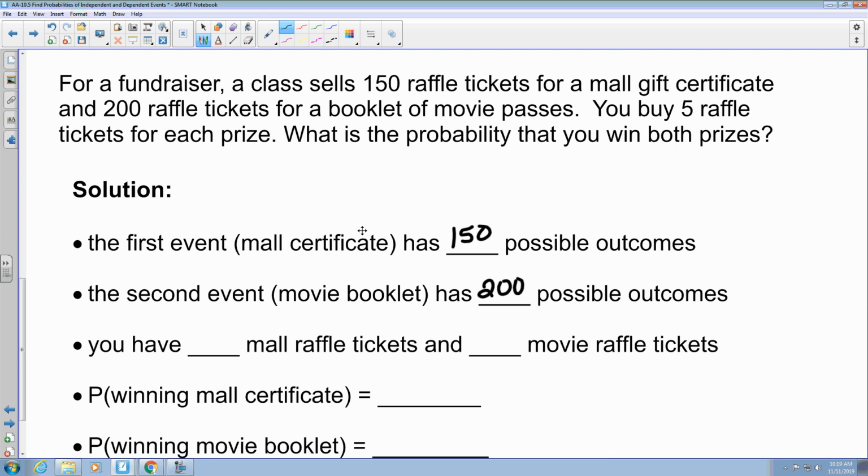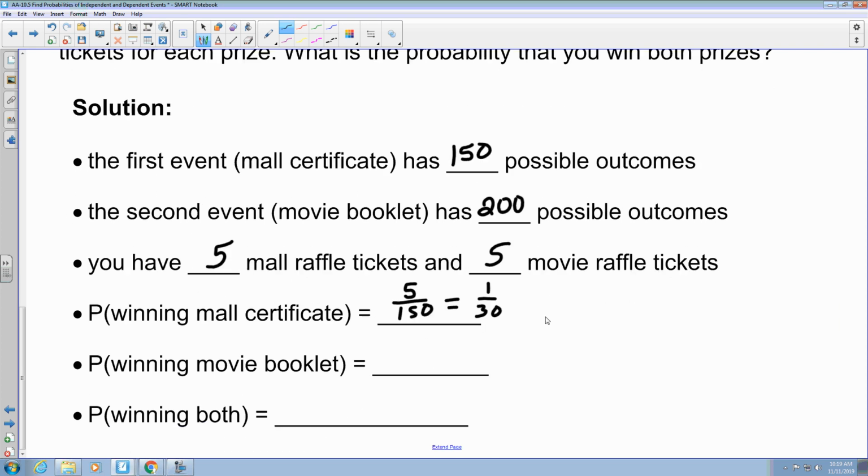You purchased 5 and 5, so the probability of you winning the mall certificate is 5 out of 150 or 1 out of 30. Probability of you winning the movie tickets is going to be 5 out of 200 or 1 out of 40.